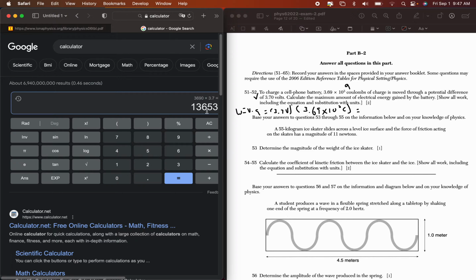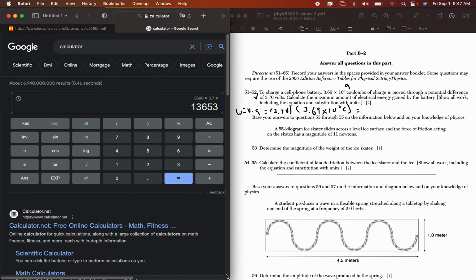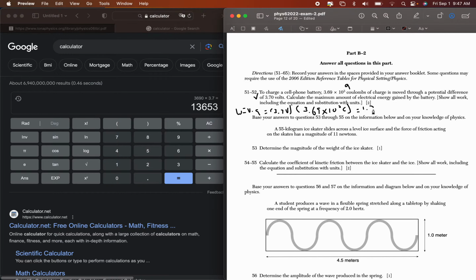Or you know what? 1 second. 3,690. Let's just put into scientific notation what we can do. Let's put a decimal point here. Let's round this. So 1.37 times 10 to the 4th. Right, because if we say 1 point here, move the decimal 4 times.